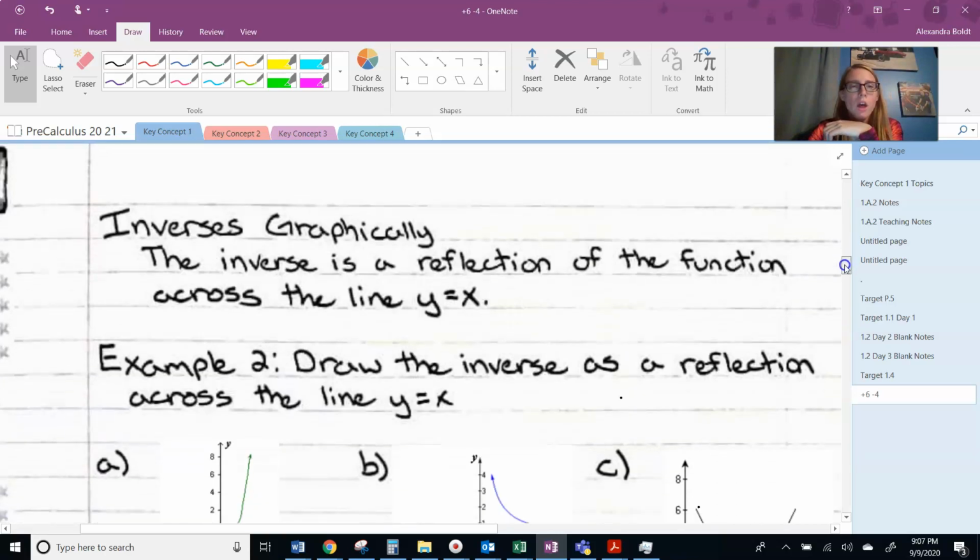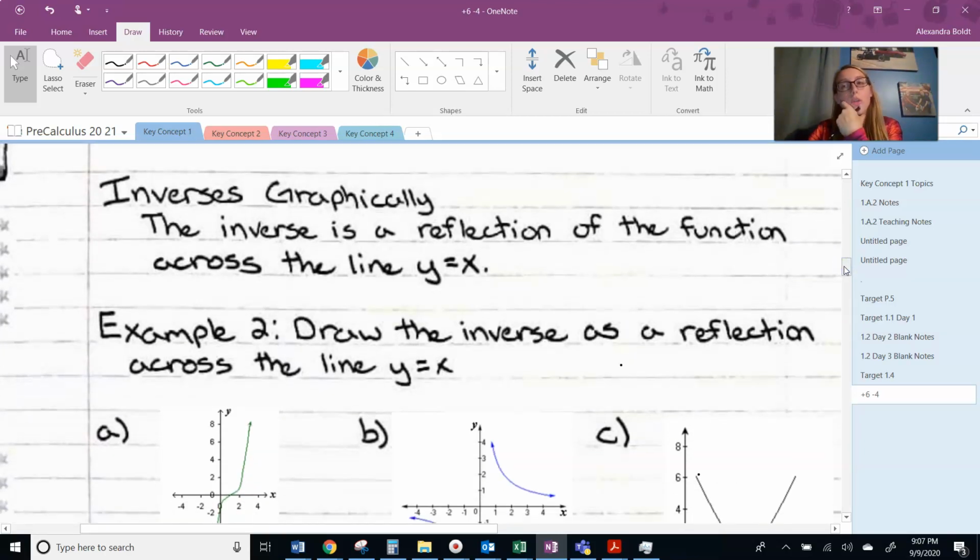We also have the inverse of a function graphically. Again, since the x and the y flip, it actually flips the graph over the line y equals x. And y equals x is just like your identity function.